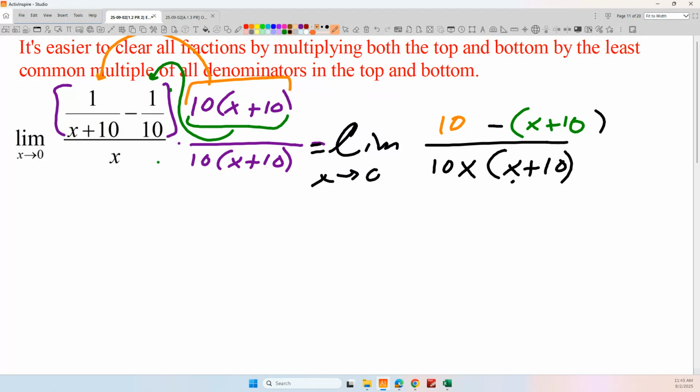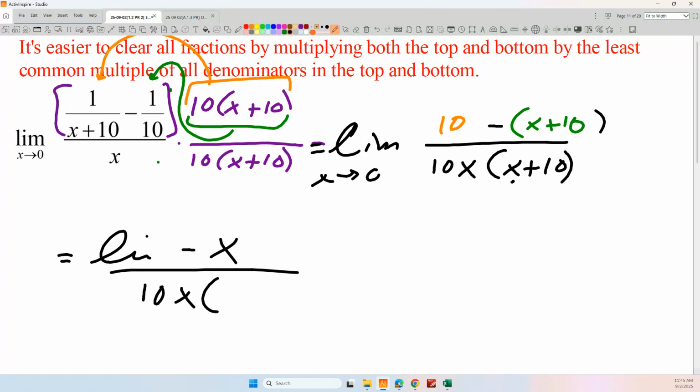Okay, make sense? And that's right where we were before, isn't it? If I just simplify the top, we get the limit of negative x over 10x times the quantity x plus 10.